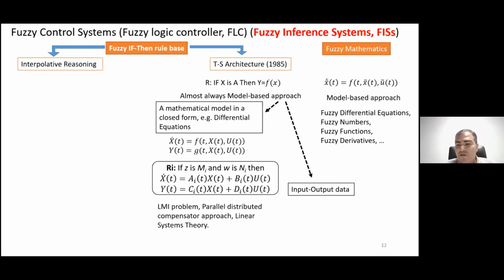If the model of the system in a closed form is unknown, but the input-output data set of the system is available, then this approach may also be used. In this situation, designing a controller may deal with some machine learning methods, such as adaptive neural network fuzzy inference systems, ANFIS for short, or genetic algorithms, particle swarm optimization algorithms, and so on.